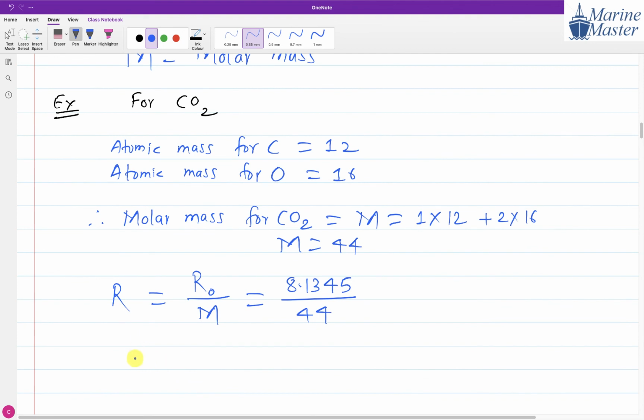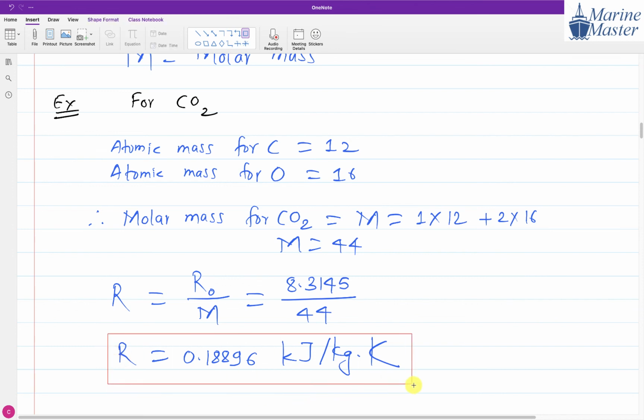If you do the calculation, the value of R we will get is 0.18896 kilojoule per kg Kelvin.